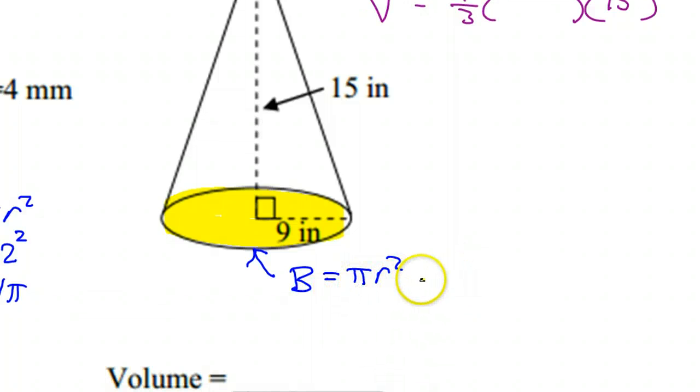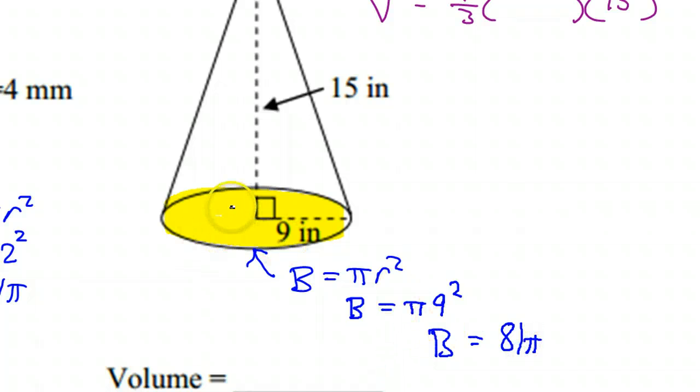So in this case, that means pi times 9 squared, because that's the radius. 9 squared is 81, so the area of the base is 81 pi.